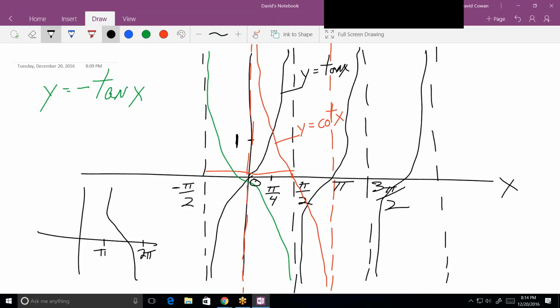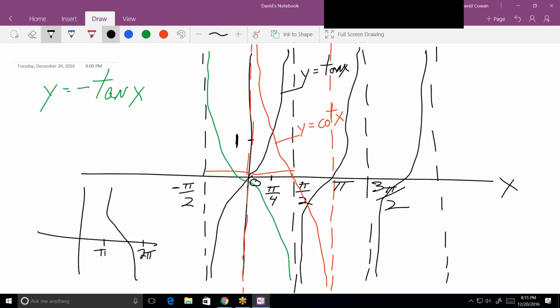Do you see why? Because the cotangent asymptotes are 0, pi, 2 pi, 3 pi, 4 pi, and so forth. Whereas the asymptotes for the tangent curve are minus pi over 2, pi over 2, 3 pi over 2, 5 pi over 2, and so forth.